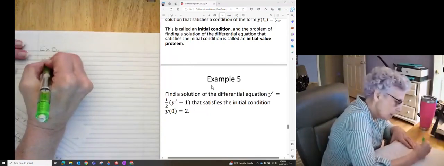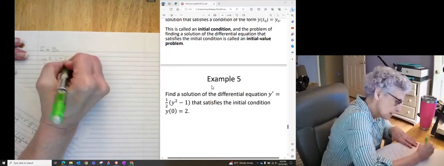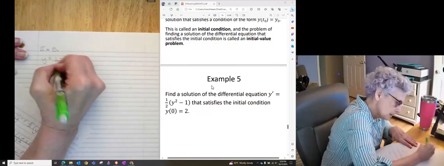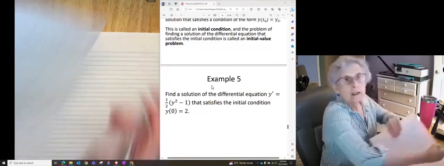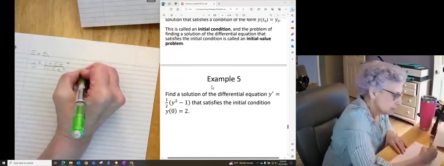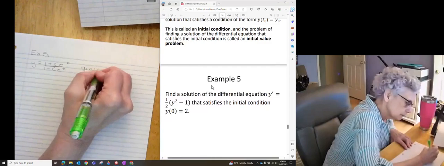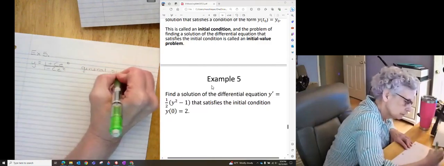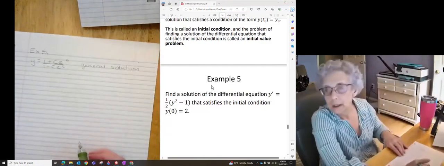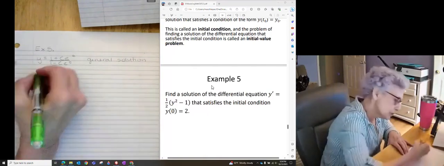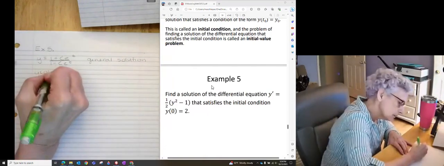So y equals (1 plus c e to the t) over (1 minus c e to the t) is our general solution. And y of 0 equals 2 is our initial condition.